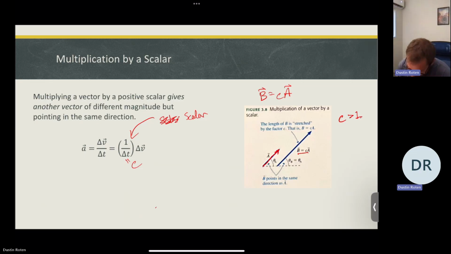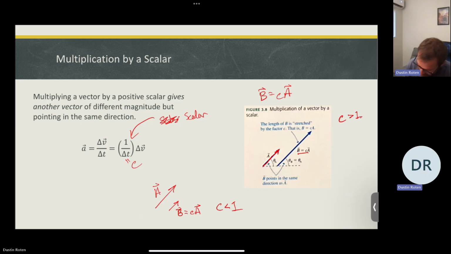So if we had a vector a, and then if we multiplied it by something less than 1, so if c was less than 1 for some reason, then the new vector b would actually be shorter. And of course, if c was negative, it would flip the vector 180 degrees.